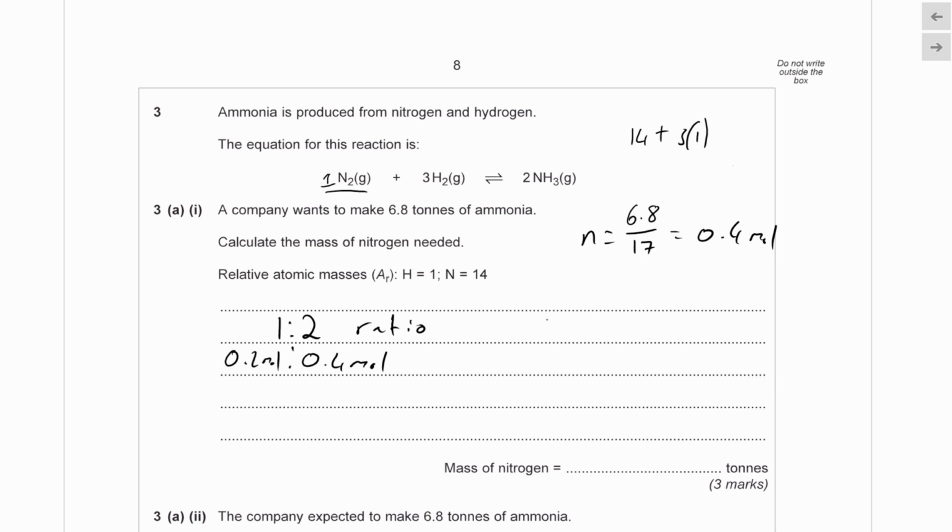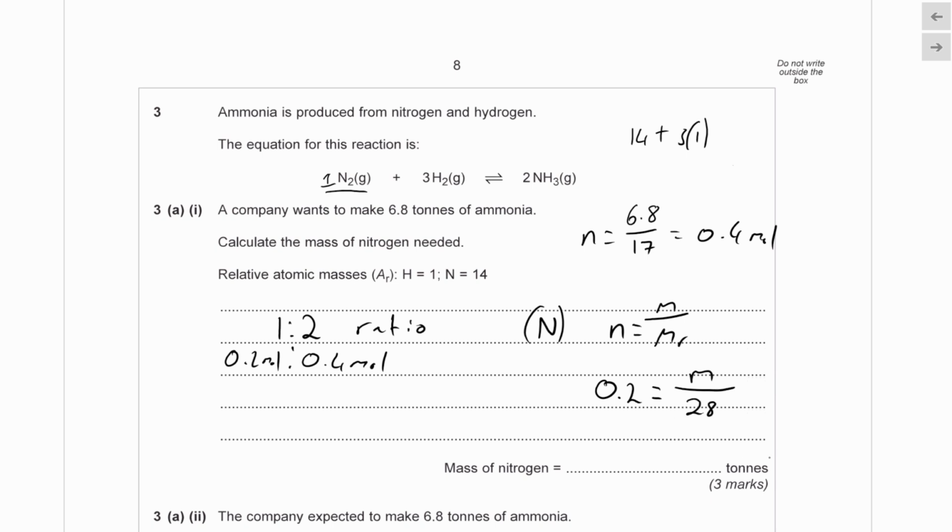All right, so nitrogen now, I'm going to put this in brackets here so we know we're talking about nitrogen. And we use the same equation. n = m over Mr. This time, though, we don't know the mass. We do know n and we do know Mr. So I'm going to say that 0.2 is equal to the mass, which is what we want, divided by Mr, which is, well, nitrogen is N2. So it's 2 lots of 14, making 28.